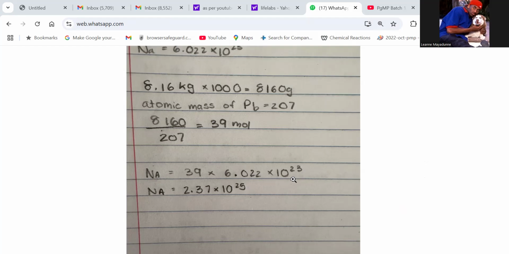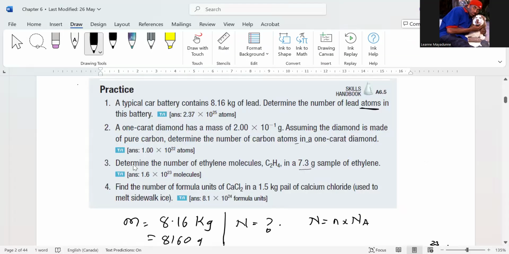The answer that you get is number of entities, and you have written Na, so that is incorrect. Make that correction. Okay, I corrected it. I'll go back to the document again, and then you can do the third and fourth.